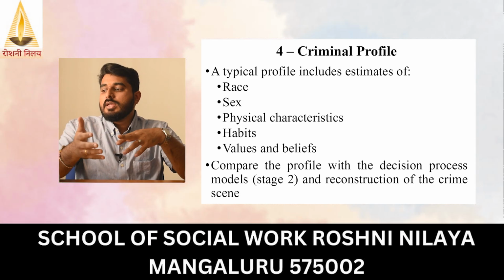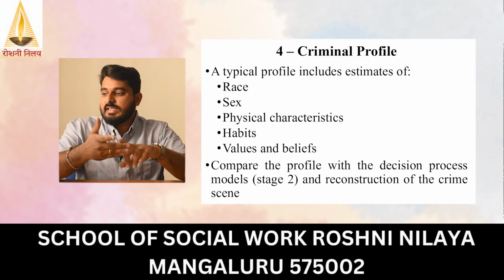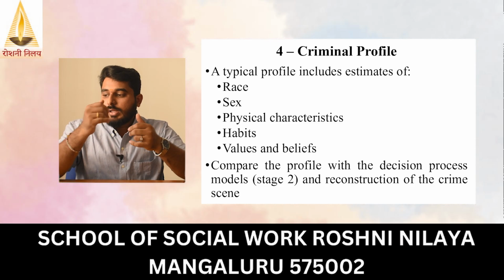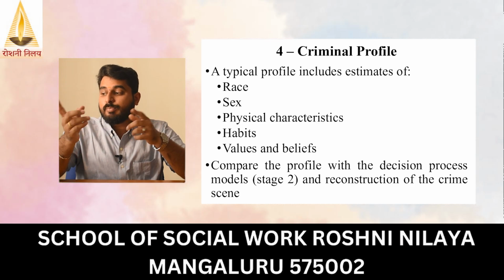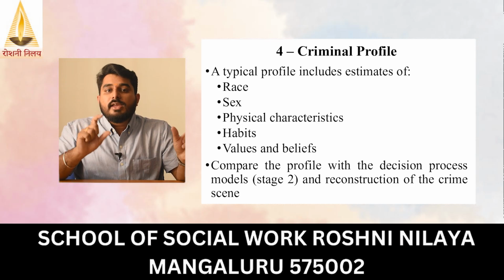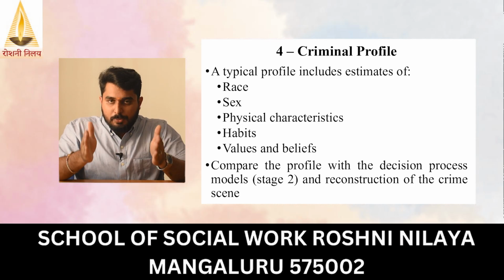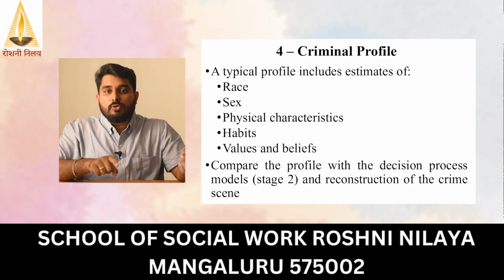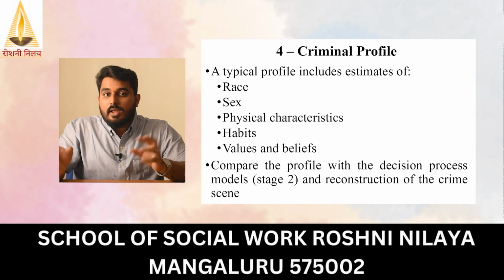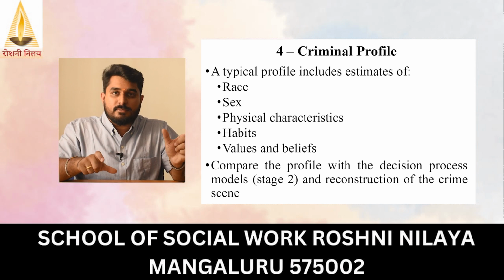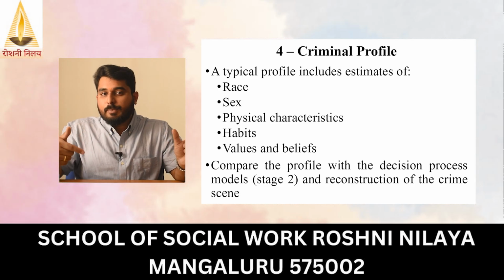Here we have to give the race, sex, physical characteristics, habits, and values and beliefs of the particular criminal. Then we compare the profile with the second stage, the decision process model. If this profile is not matching with the decision process model, again we have to do the crime assessment and criminal profile. Until the criminal profile matches with the decision process model, we have to repeat the process.